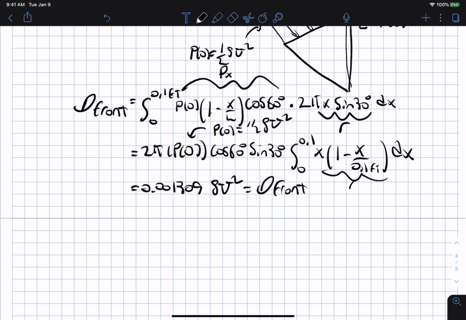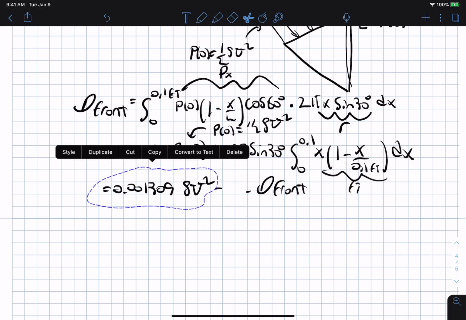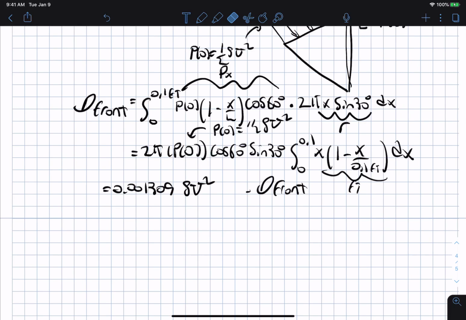And actually, if I'm being really picky with the units, this would be feet squared.